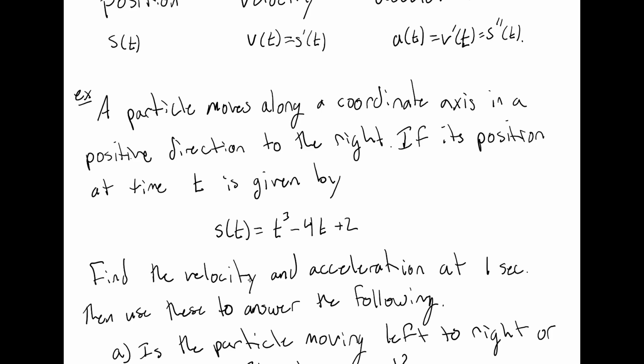Then the other reason why it's moving along a coordinate axis and not just moving along, say, the line y equals x, is because moving along the coordinate axis, we can limit ourselves to considering only a single value. If I know it's moving along the x-axis and I say it's at 3, I can say, okay, that's at 3 on the x-axis.